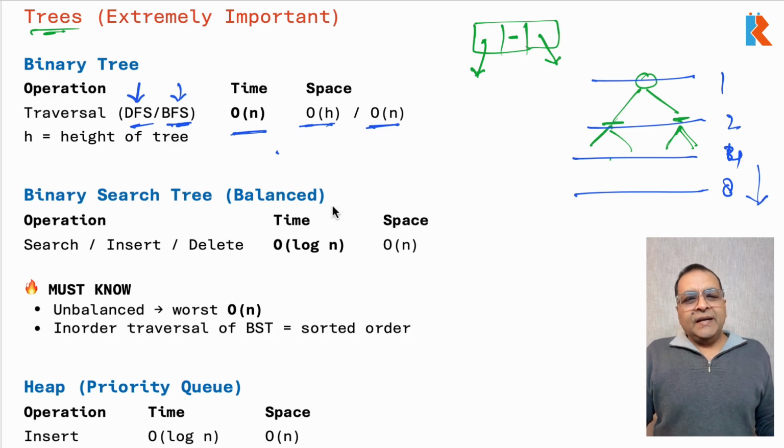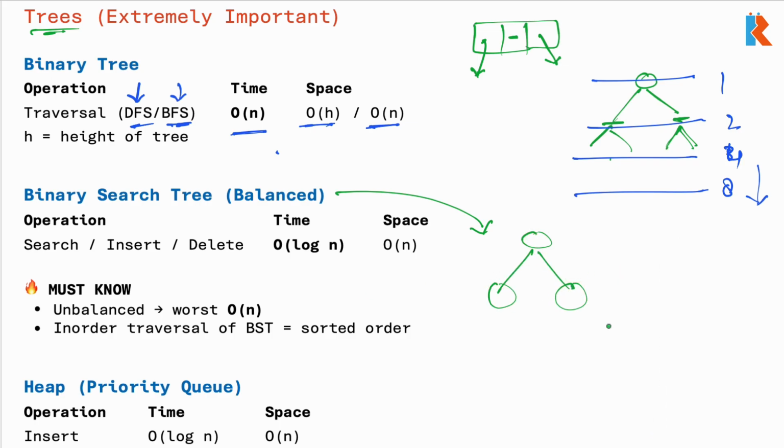If the tree is a binary search tree, then in a binary search tree, you either traverse the left or the right of the tree, but not both of them. Therefore, at every level, you are only accessing one node. So if you have a tree like this, 5, 3, 10, then 2, 4, 6, 12.